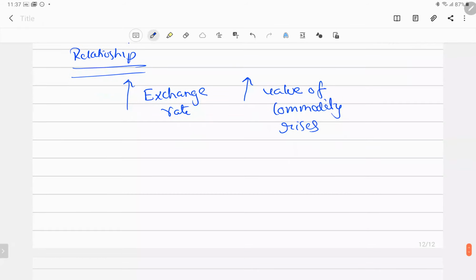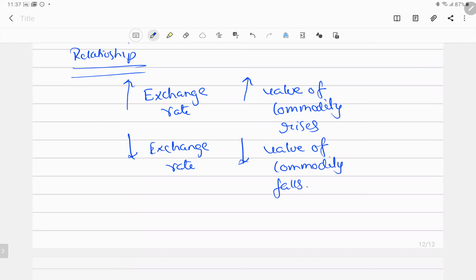In the same way, when the exchange rate falls, the value of commodity also falls. When the exchange rate rises, the value of commodity rises. In the same way, when exchange rate falls, the value of commodity falls. So this is nothing but your direct relationship.